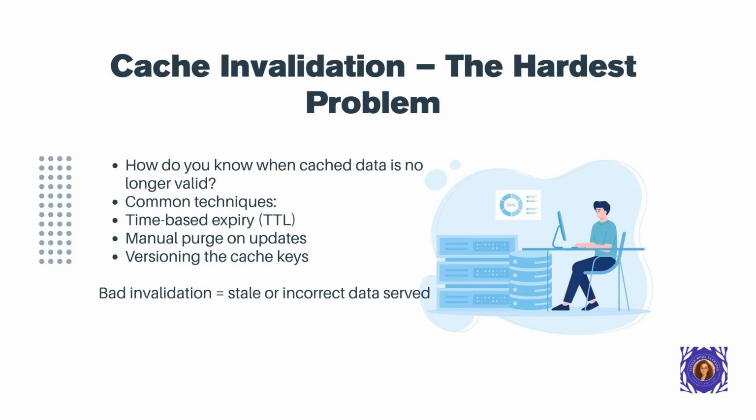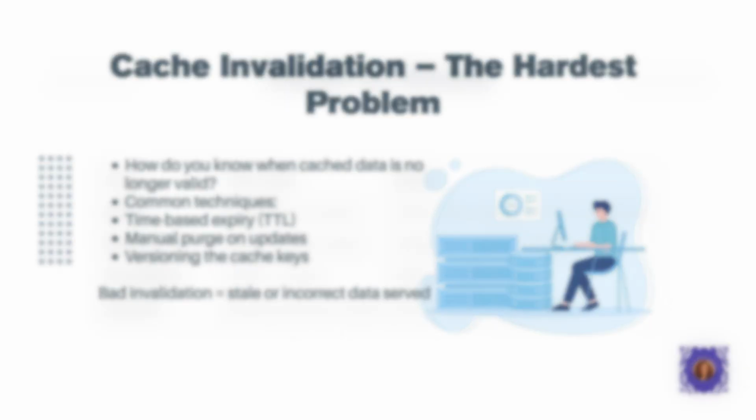Versioning the cache keys, including a version number or timestamp in the cache key itself, so that when the underlying data changes, a new key is generated, effectively invalidating the old cached entry. Effective invalidation is crucial for maintaining data freshness and system integrity.